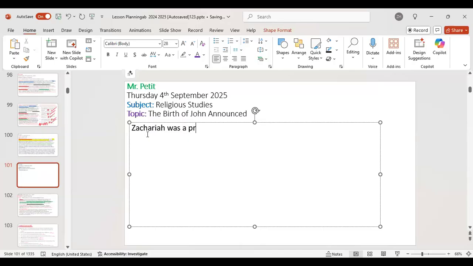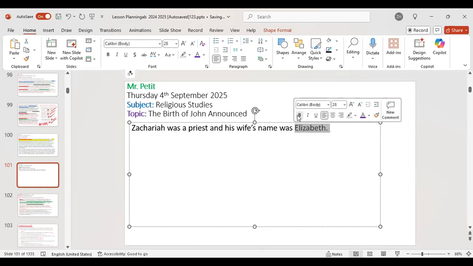He was a priest. Yes, Zachariah was a priest. And what was his wife's name? Elizabeth, right? So Zachariah was a priest and his wife's name was Elizabeth.